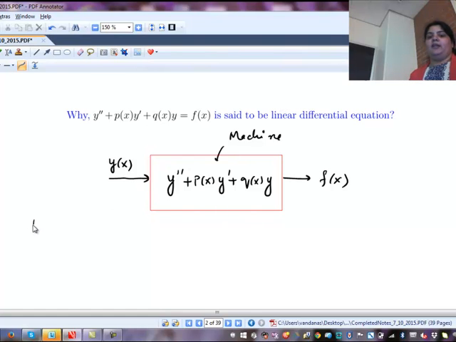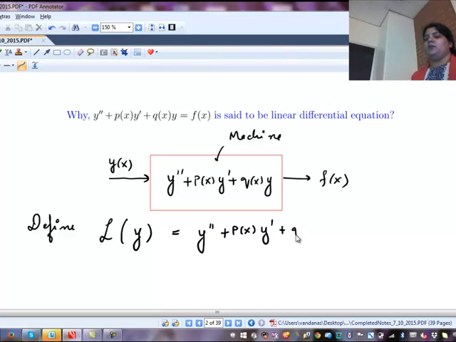So we will define an operator L of y as y double prime plus p(x) y prime plus q(x) times y. Now this operator L operates on functions, where y(x) is the unknown function in this differential equation.